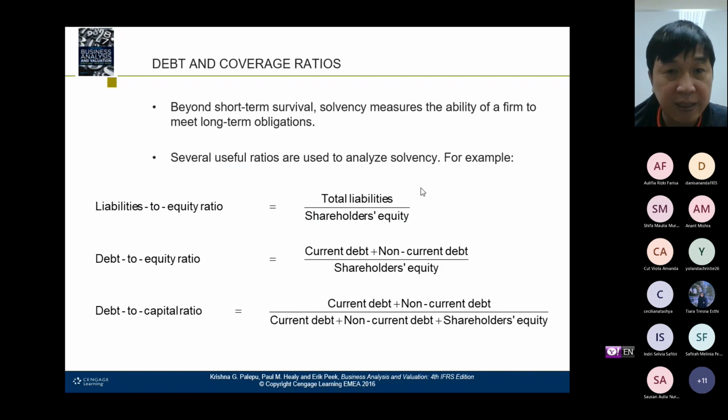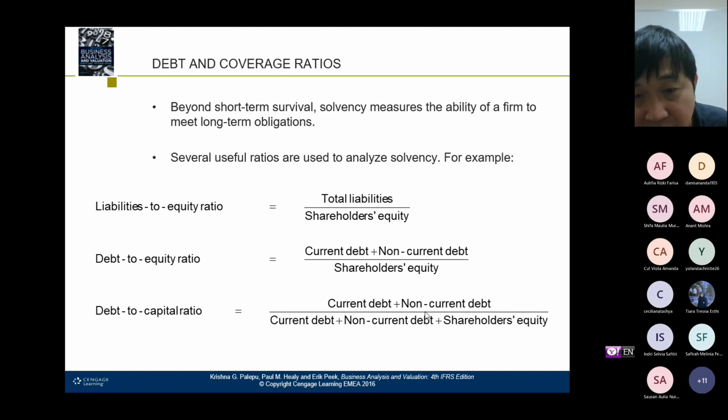Okay, so here, debt and coverage ratios. Beyond short-term survival, solvency measures the ability of firms to meet long-term obligations. Several useful ratios are used to analyze solvency. For example, the liabilities to equity ratio, which is total liabilities over shareholders' equity, and the debt to equity ratio, which is current debt plus non-current debt, and the debt to capital ratio.